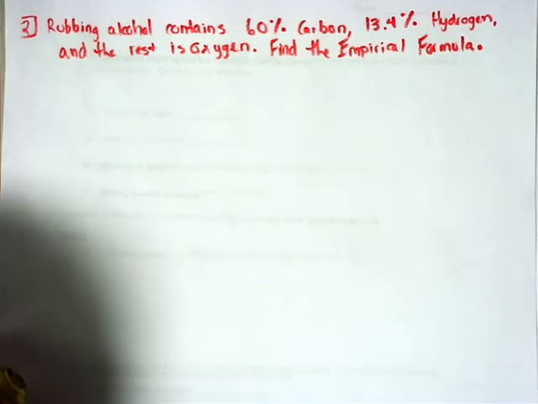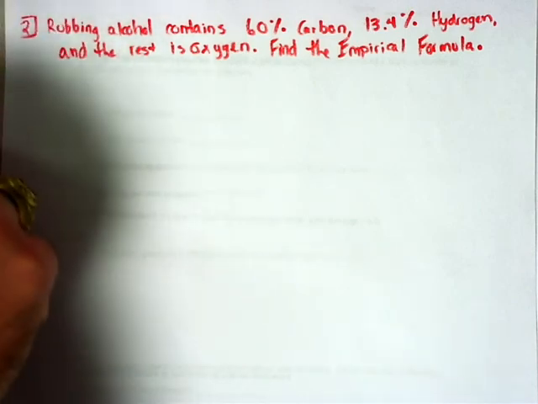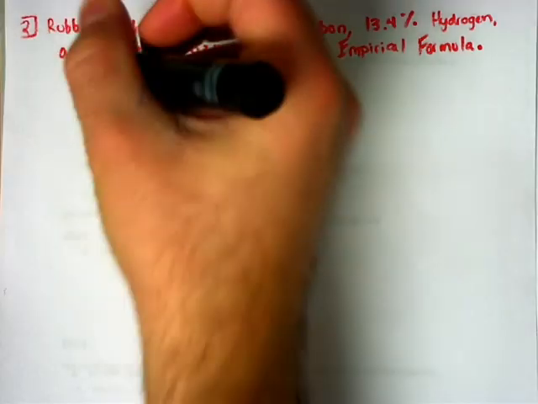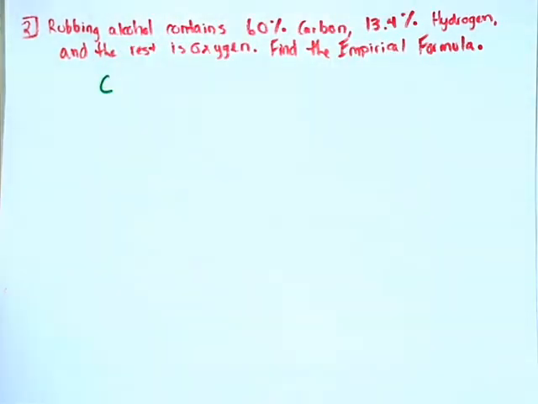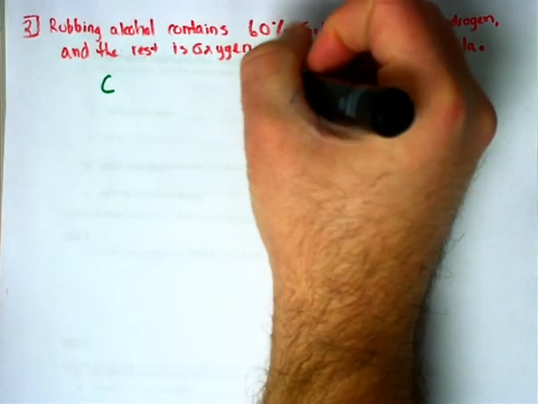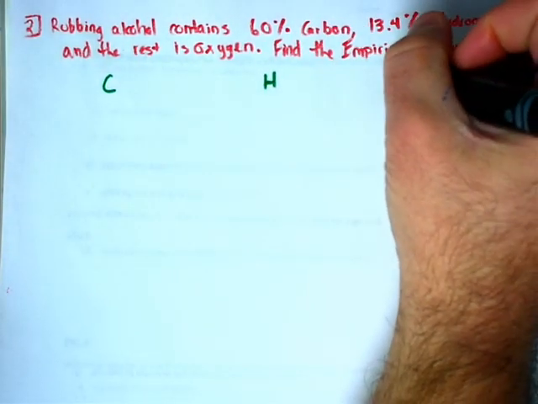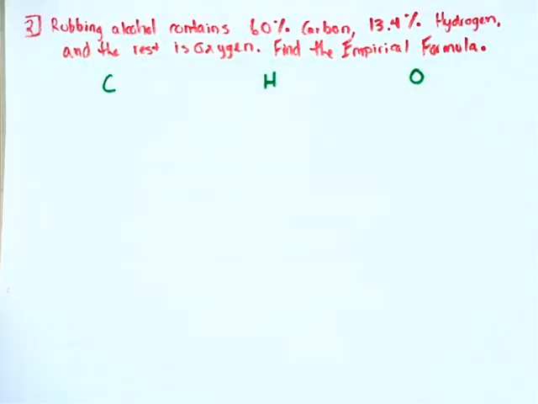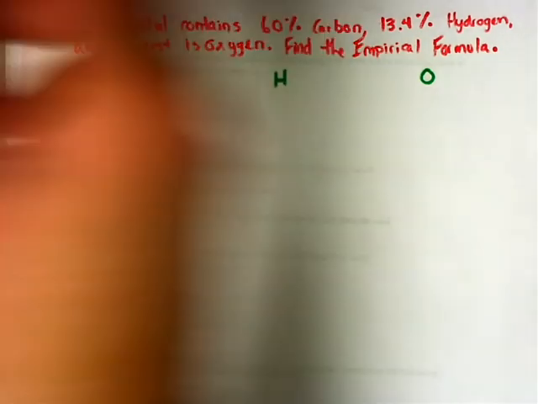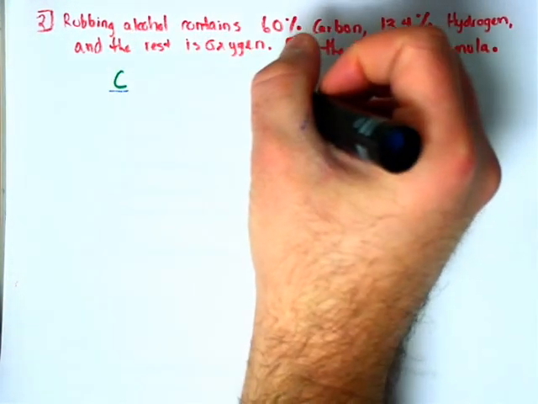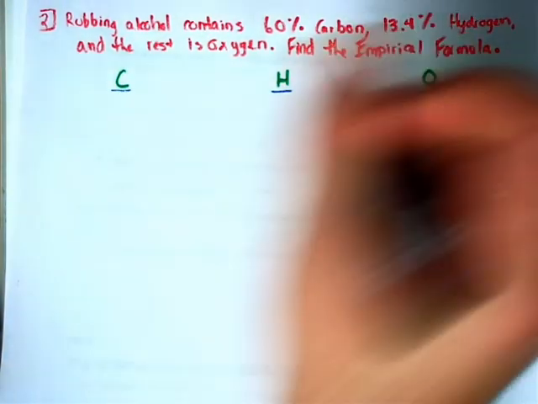First off, how many different atoms or elements are we talking about here? 3. So the first one would be carbon, right? Then there's hydrogen. And what's the last one? Oxygen. You'll notice that they only gave us 2 percentages. They gave us a percentage for what? And they didn't tell you oxygens, but could you find oxygens?